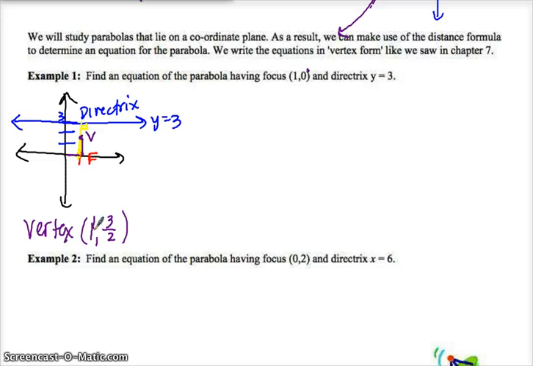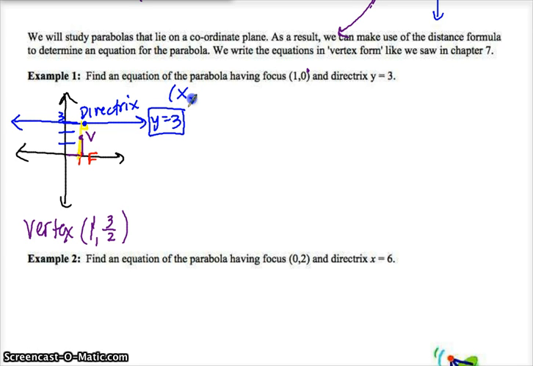Now, why is this helping me? Well, it's not really helping me if we're going to use the distance formula, but I'm going to show you a way to not use your distance formula, and then you can decide what you like better. Okay, so if I'm going to use the distance formula, I need to have equal distance from any point on my directrix. Well, what do I know about my directrix?